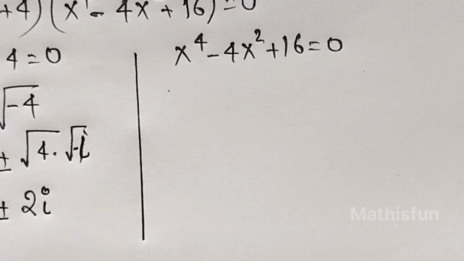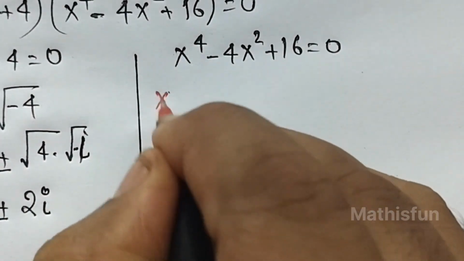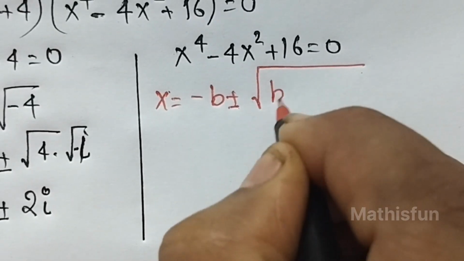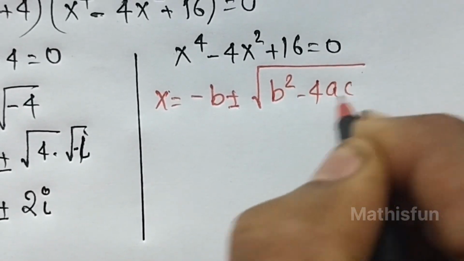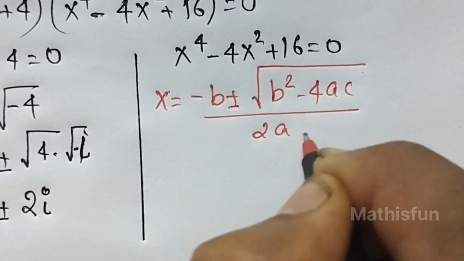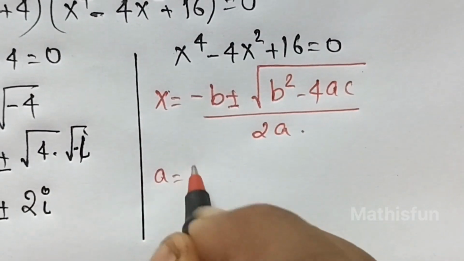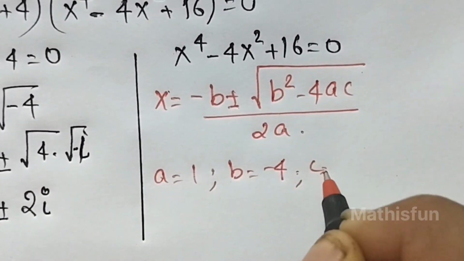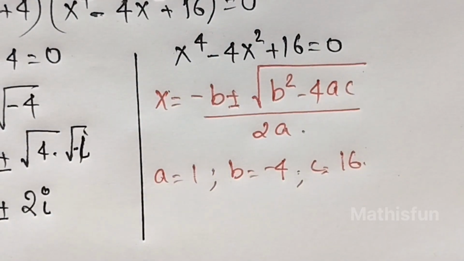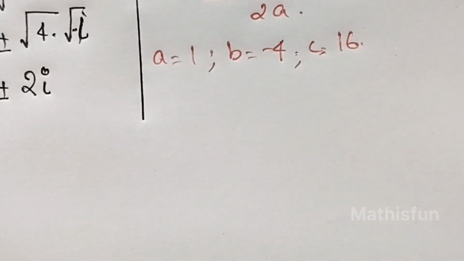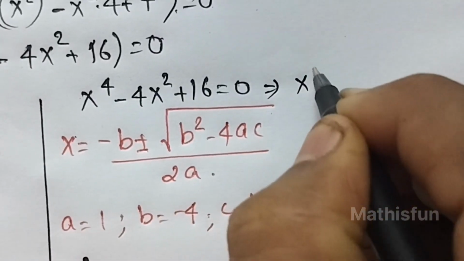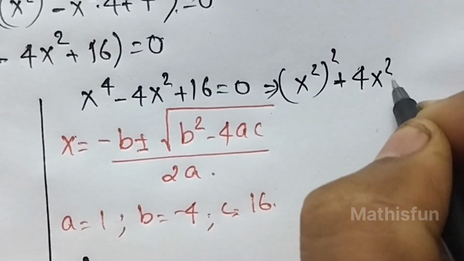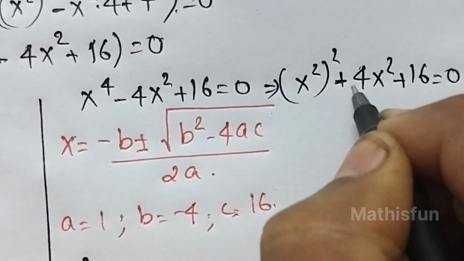Now this is in the form of a quadratic equation, that is x equals minus b plus minus under root b square minus 4ac upon 2a, in which a is 1, b is minus 4, c is 16. This can be further written as (x square) square minus 4x square plus 16 is equal to 0.